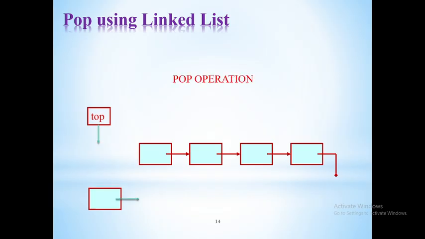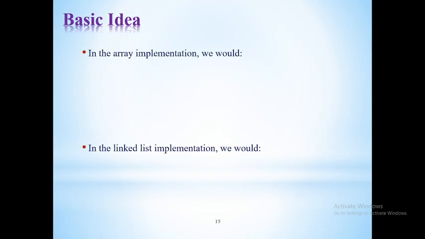If you want to pop, you just remove the newly inserted item, and then the pointer is connected to the previous node. Whenever an item is removed, the links are disconnected and you connect them to the other nodes. So you always need to maintain the links properly. Based on those links, you work on push and pop operations using the linked list data structure.